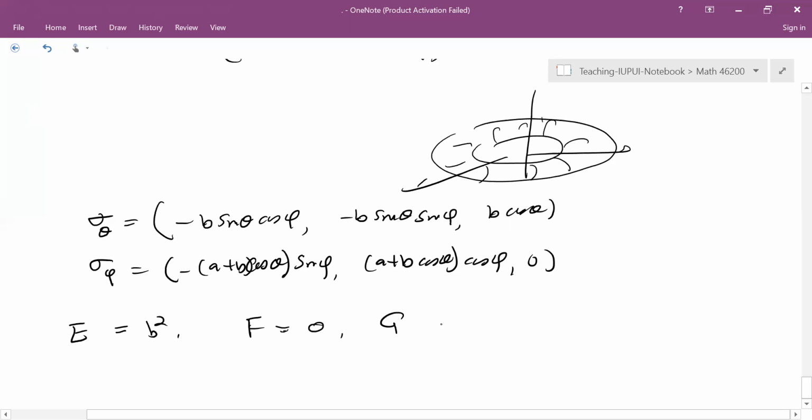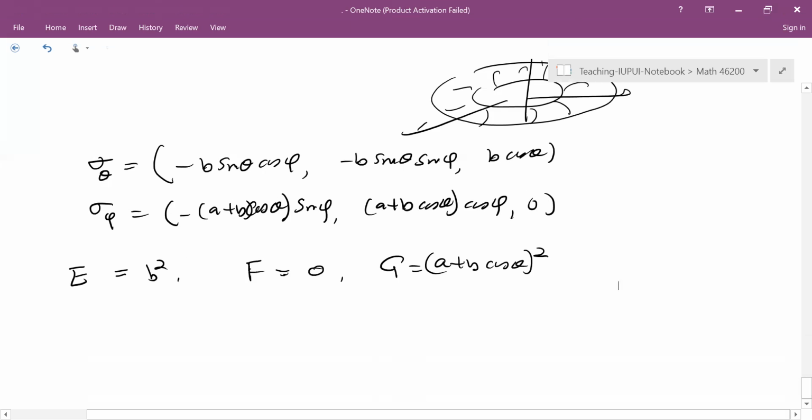And G is going to be (a plus b cosine theta) squared, because sine squared phi plus cosine squared phi is 1. So these are E, F, G.